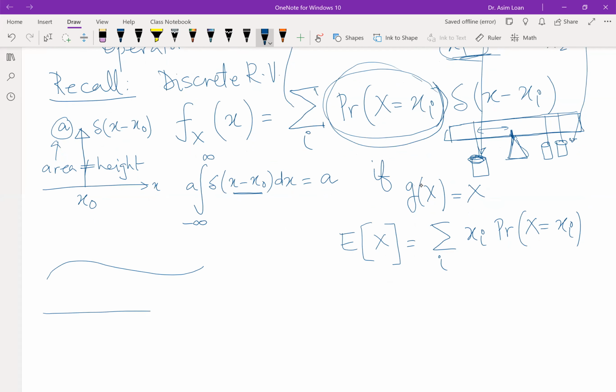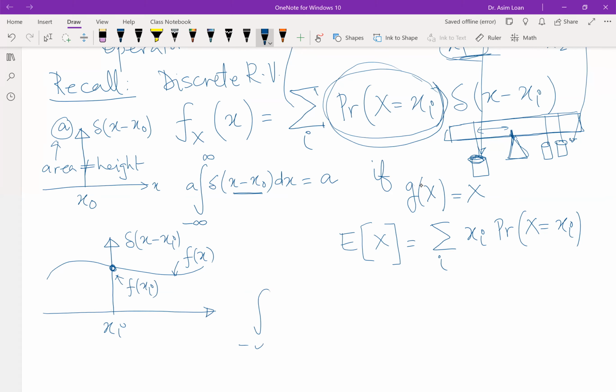Suppose you have this function. This function is delta of x minus xi. This function is some f of x. This is some xi. When you are integrating from minus infinity to infinity, this impulse acts only at this point. This is the only value that you'll get, f of xi.